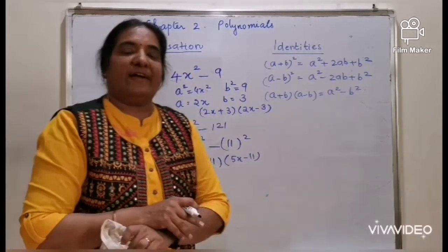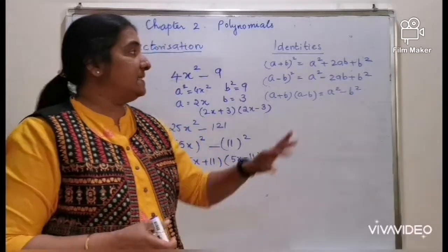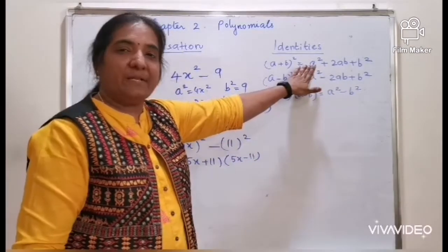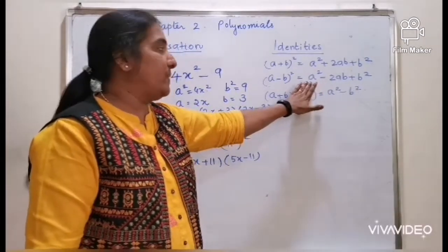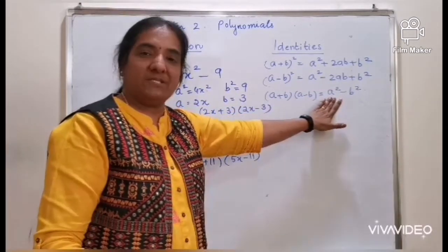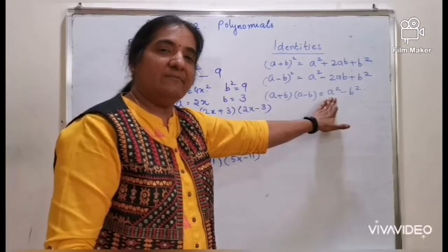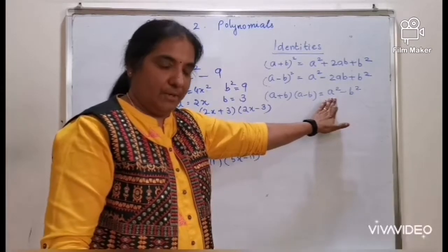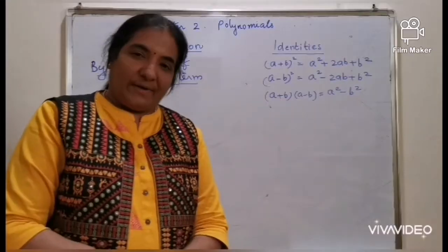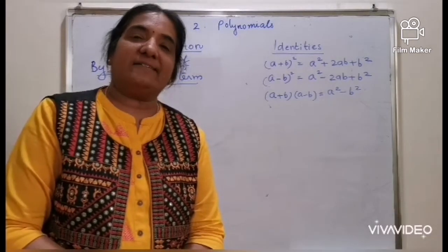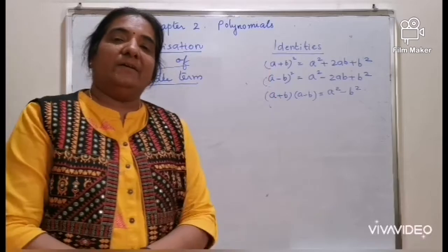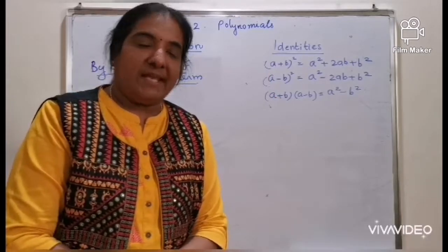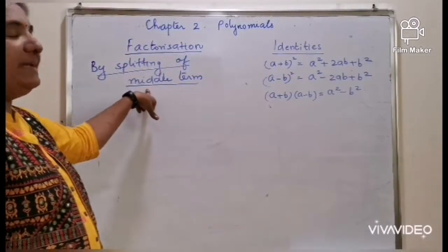Thus, the factorization with the identities a square plus 2ab plus b square, a square minus 2ab plus b square, a square minus b square is also applicable with the quadratic polynomial. All quadratic polynomials may not be factorized by identities. There, the method is by using the splitting of the middle term.